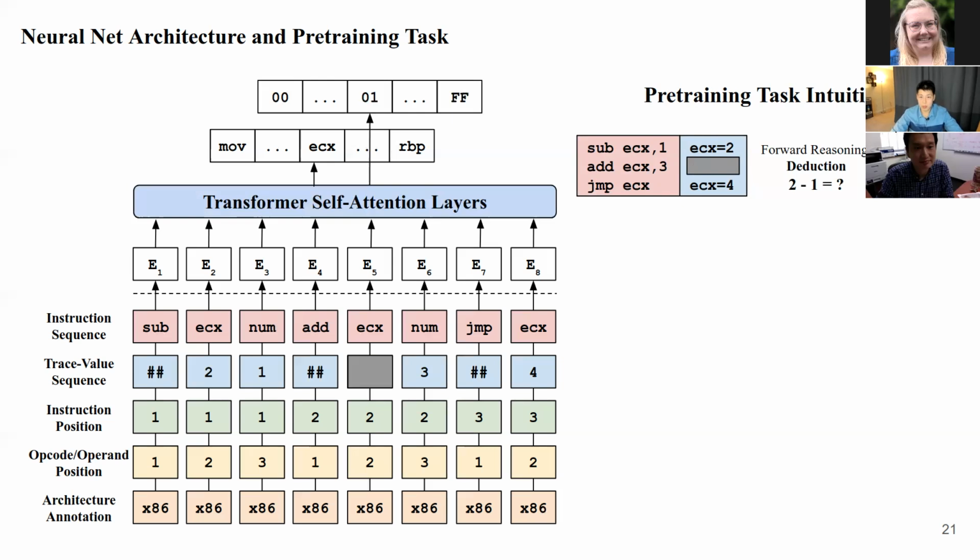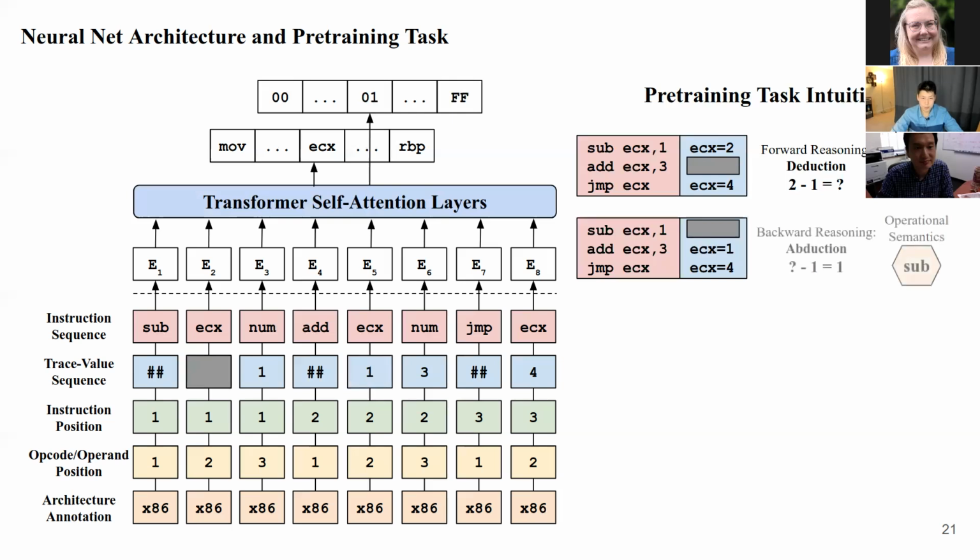In order to predict the masked value to be 1, the model has to understand the operational semantics of the sub instruction. And also here, if we mask the previous value of 2, this also forces the model to understand the operational semantics of subtraction by performing backward reasoning.